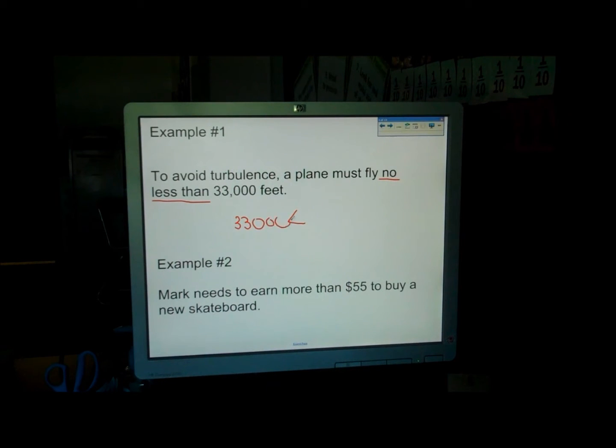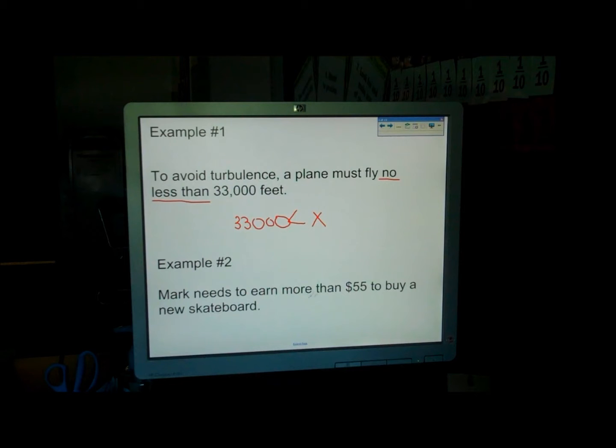So we have our 33,000, and there's x. X has to be greater than 33,000 feet. Okay, so a plane can fly no less than this, meaning it has to fly at least 33,000 feet. Okay, so you just have to read it a couple of times to figure out where the symbol goes.